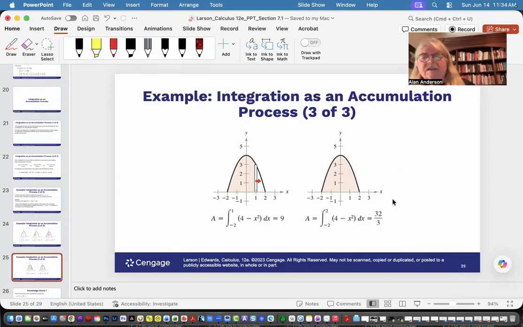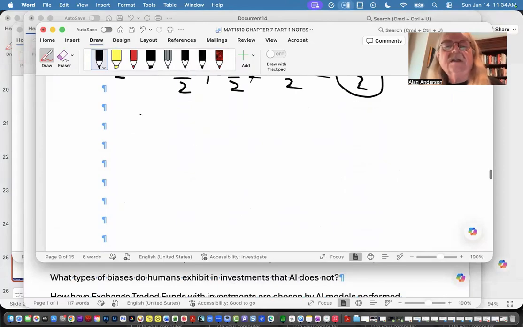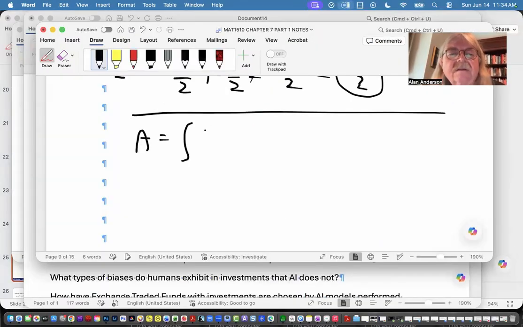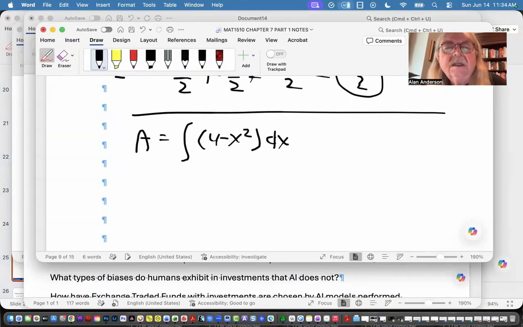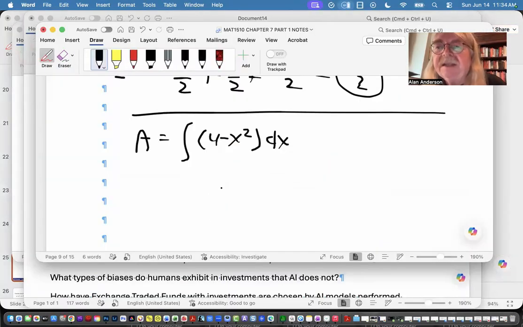So in other words, if we started with the curve, the function here was 4 minus x squared. But since it's reaching down to the horizontal axis, we don't need to subtract one function from the other because it's just y equals 0 anyway.